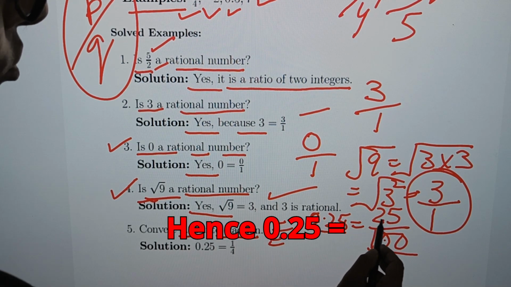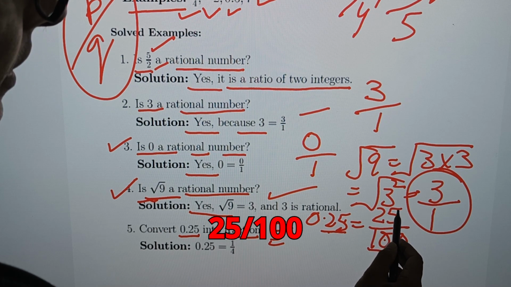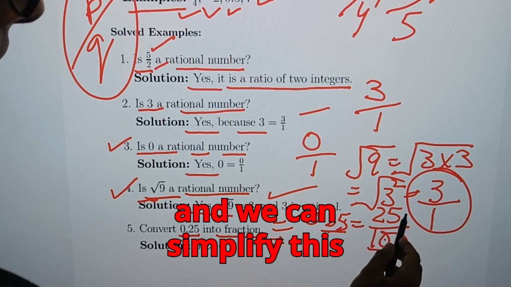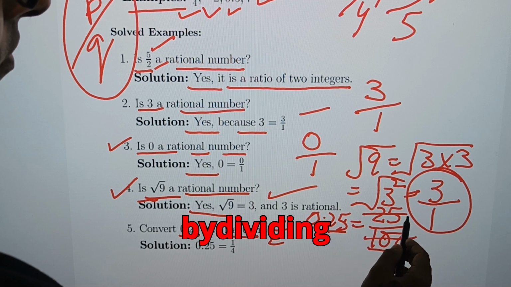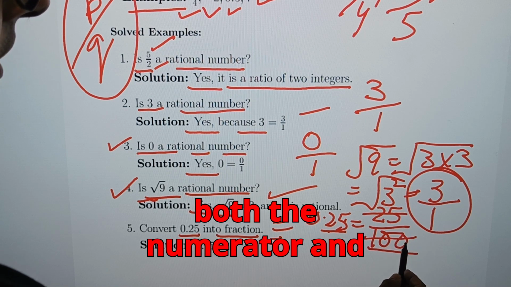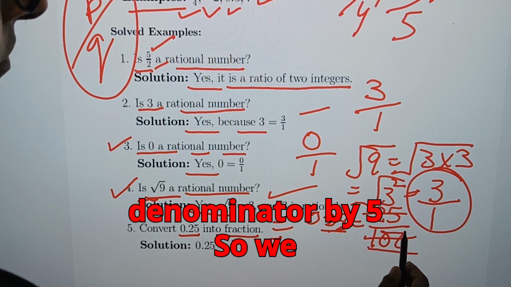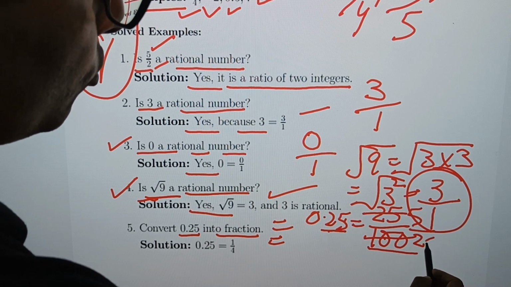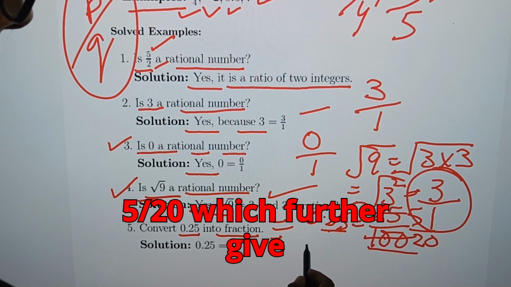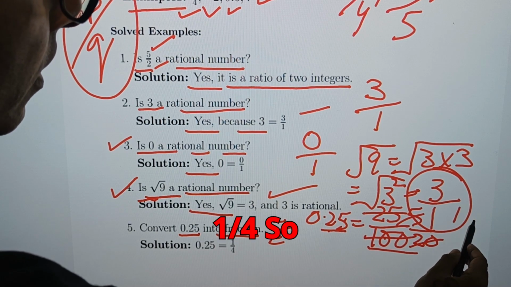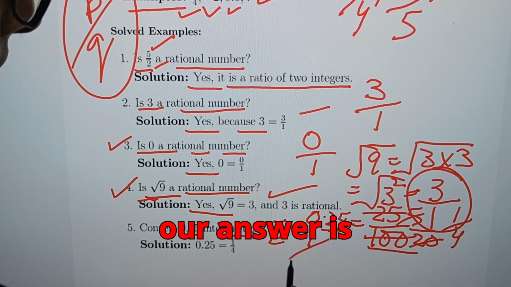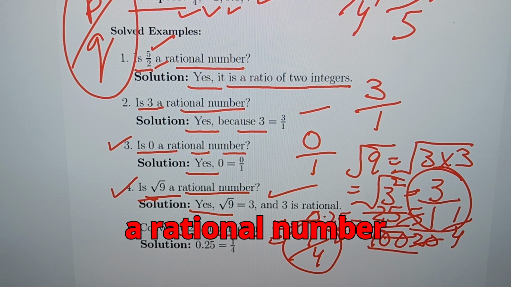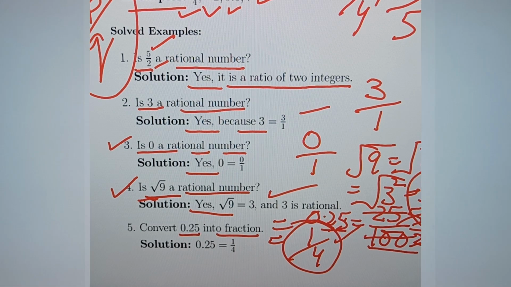Hence 0.25 equals 25 upon 100, and we can simplify this by dividing both the numerator and denominator by 5. So we are going to get 5 upon 20, which further gives us 1 upon 4. So our answer is 1 upon 4, which is a rational number.